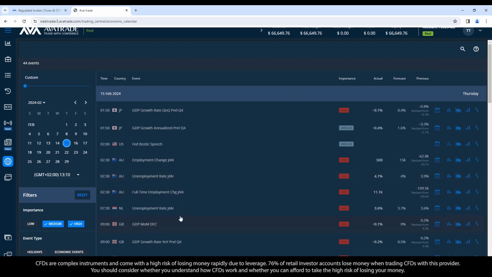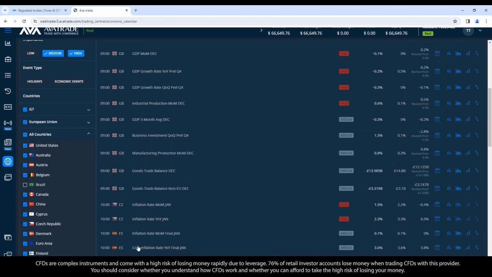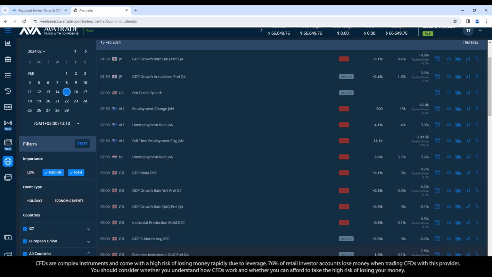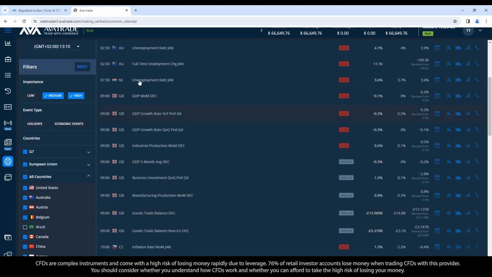And now we come to a couple days later, and we look at, well, what data will be coming out today? And so there was already some data out of Great Britain, GDP numbers that missed the mark, okay? The gross domestic product out of Great Britain was expected to drop, but not into the negative.